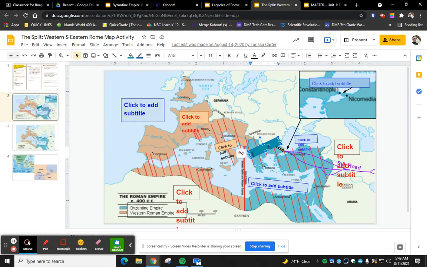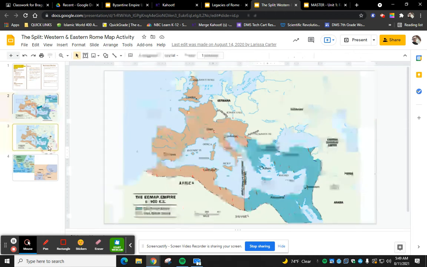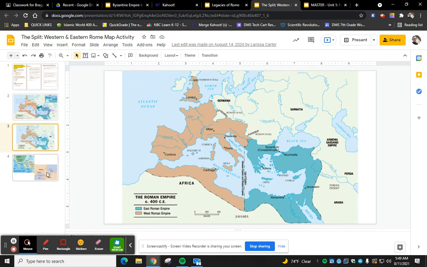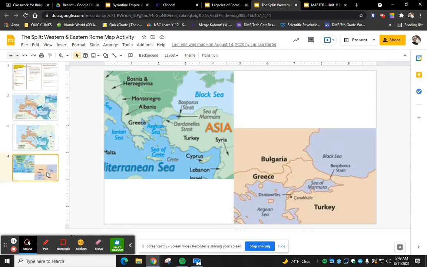Now you're probably thinking, but wait, I don't know where any of this stuff is. I might know my continents, but I don't know where any of this other stuff is. If you look at slides 3 and 4, you have some extra maps to help you.